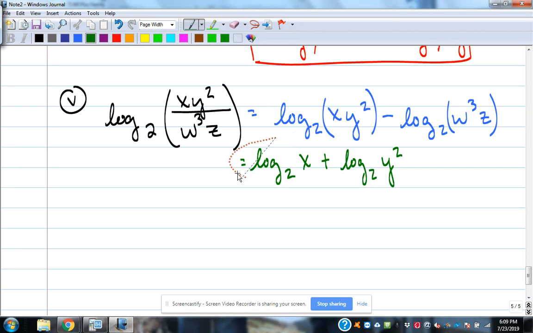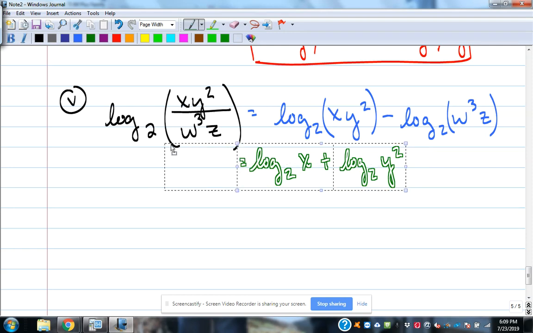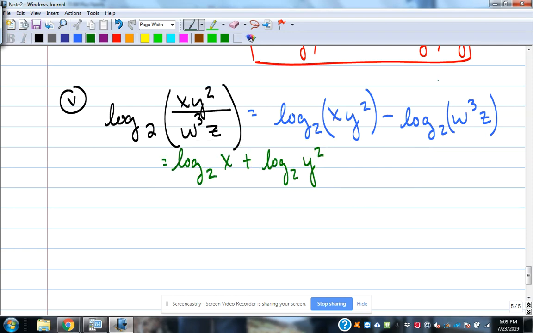I'm going to give myself a little bit more room there. And then this one, we got two things multiplied together as well. So we got log base 2 of w to the 3rd and log base 2 of z. Now, why did I put that in parentheses with the minus sign on the outside? What's that telling me that I'm doing? It's like the distributive property.